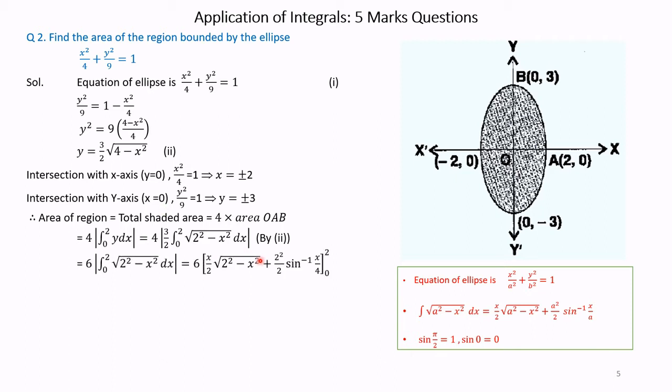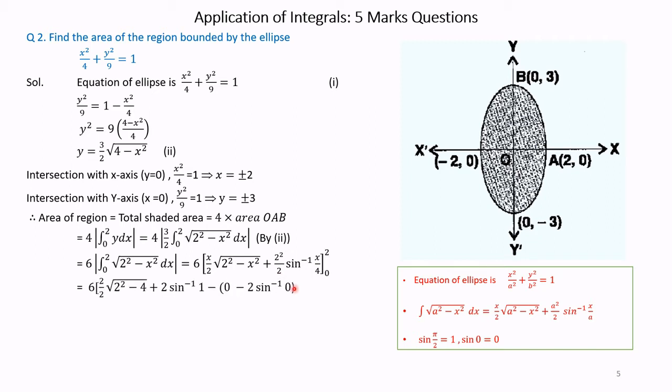Now we will get the value. So this 2 goes 2 times. So we get 2 into 3 is 6 into mod of integral 0 to 2 into 2 square minus x square into dx. That is equal to 6 into x by 2 into square root of 2 square minus x square plus 2 square by 2 into sine inverse of x by 4.